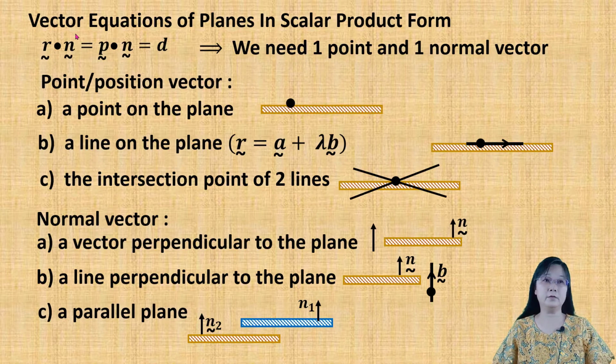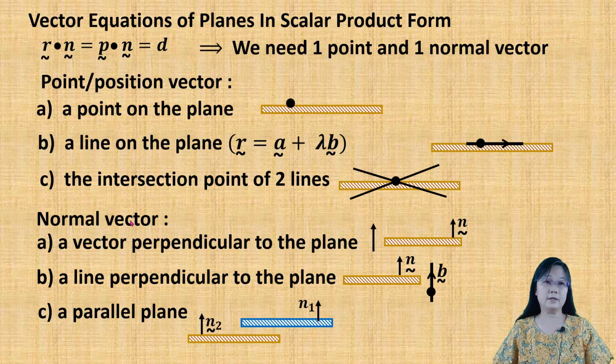In the first video about vector equations of planes, we have learned that when finding the vector equation of a plane, we need one position vector of a point which is on the plane, and also we need one normal vector which is perpendicular to the plane. The position vector can be taken from the coordinates of a point which is on the plane, or from the position vector of a line which is on the plane, or from the intersection point of two lines.